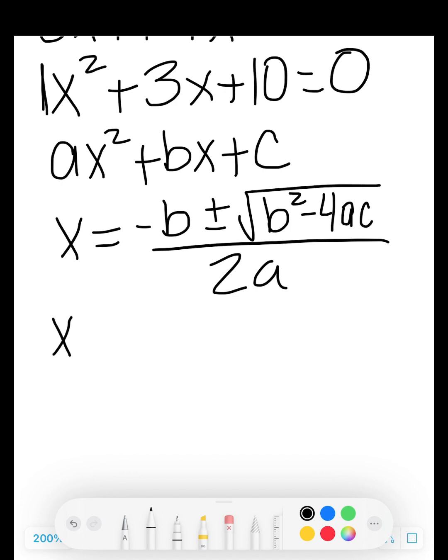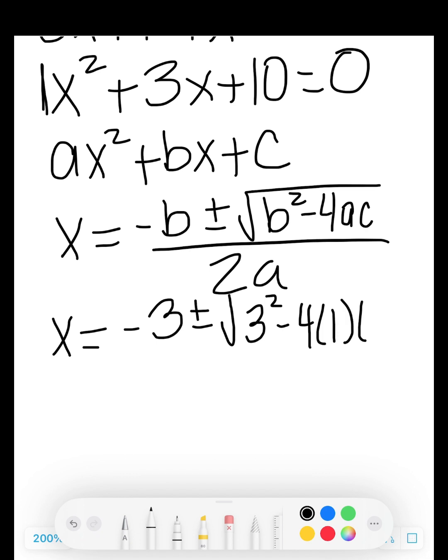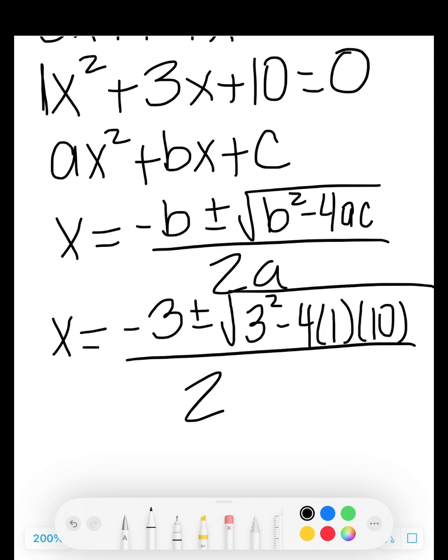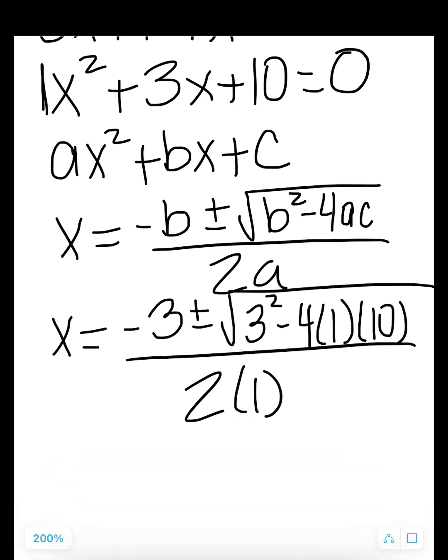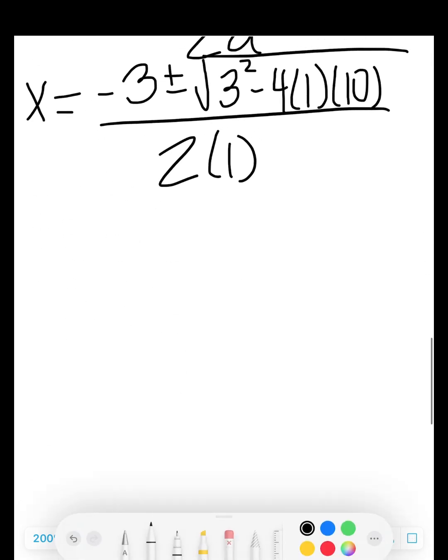So x is going to be equal to negative 3 plus or minus the square root of 3 squared minus 4 times 1 times 10 all over 2 times 1. And it's just simplifying from here.